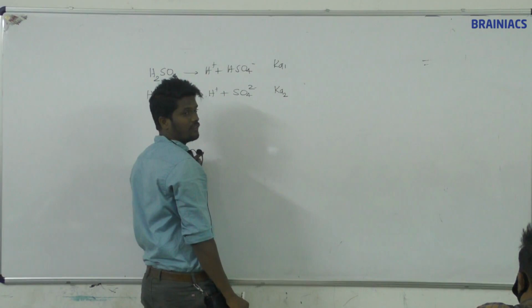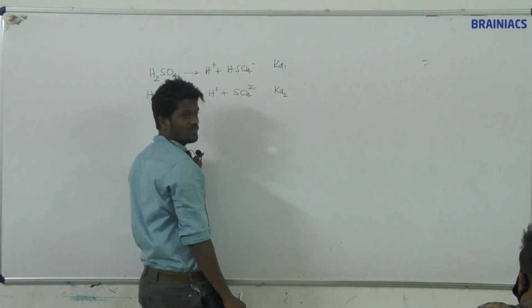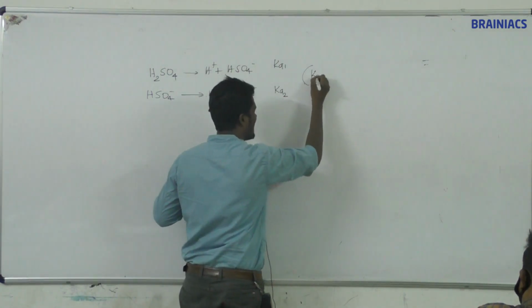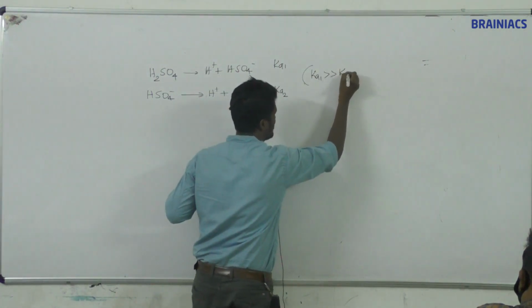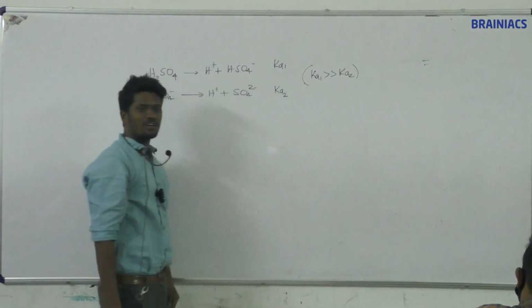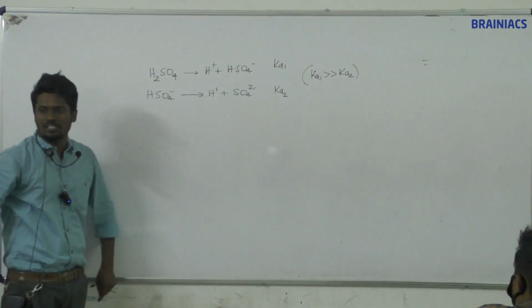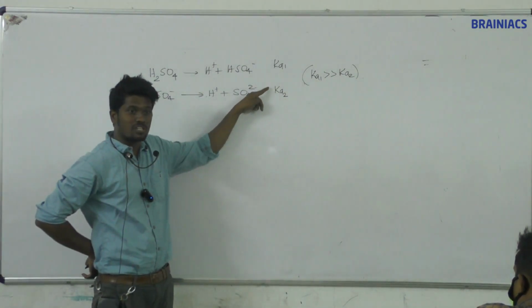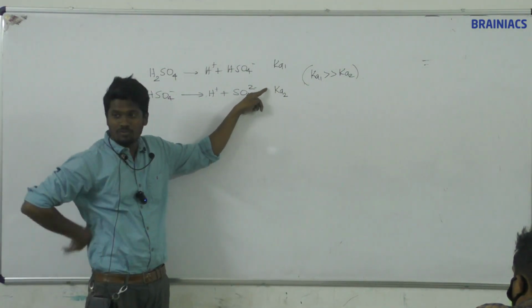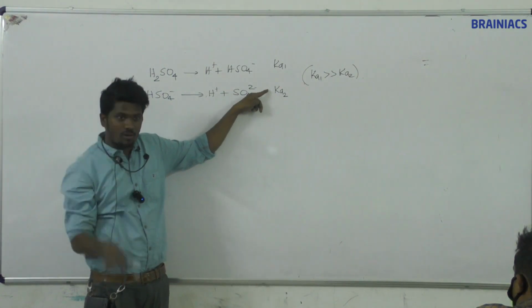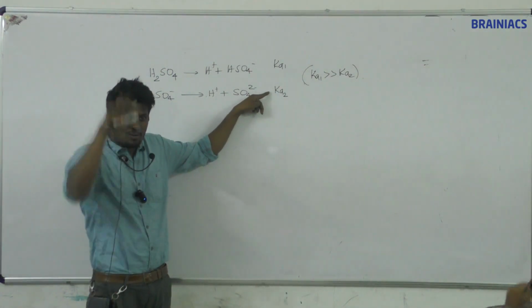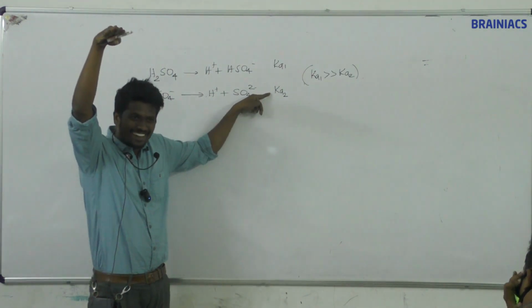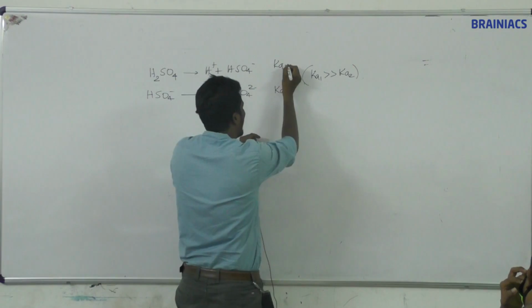Which will be higher, Ka1 or Ka2? Ka1 will be greater than Ka2. If the dissociation constant is high, the acidic nature is high.